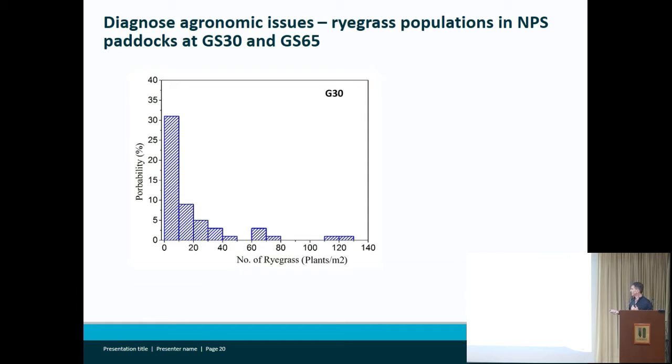And this is the first thing that we start seeing, this sort of distribution across almost every biotic constraint you can imagine. So we often get a large number of fields that have minimal constraints to one issue. This is ryegrass populations. So 30% of fields have very low levels of ryegrass and weeds are being effectively managed.